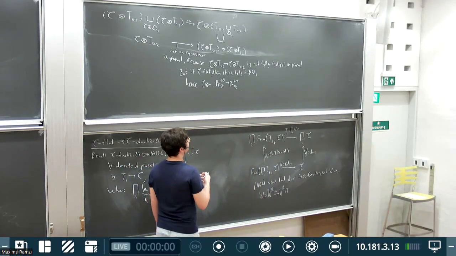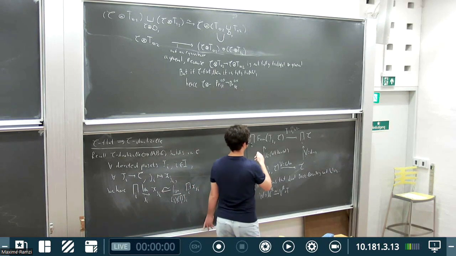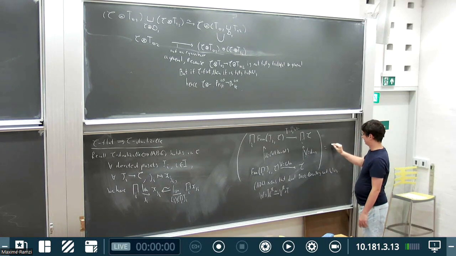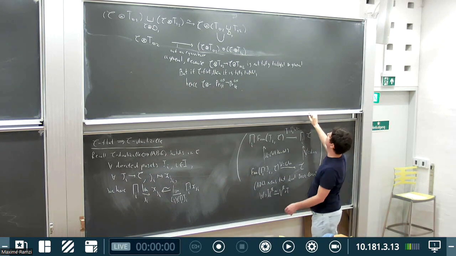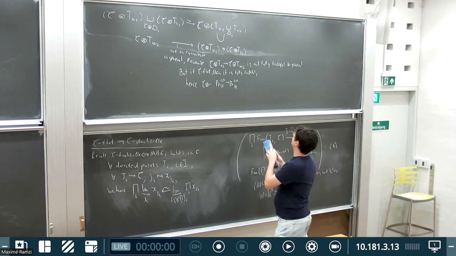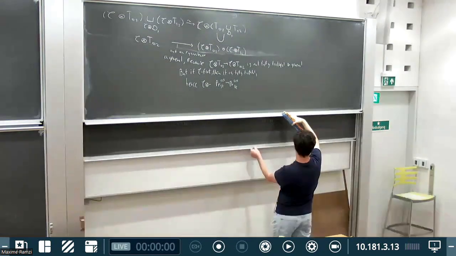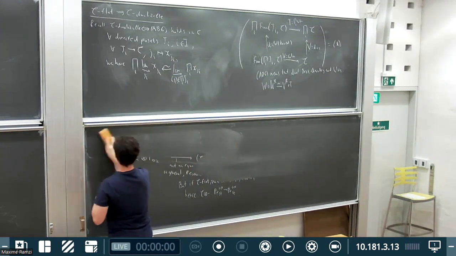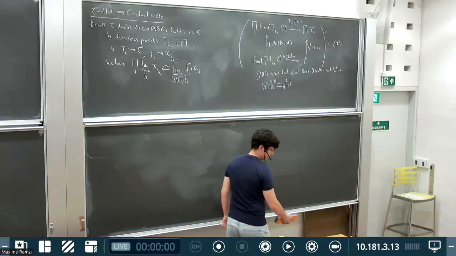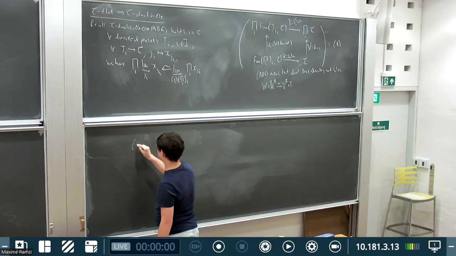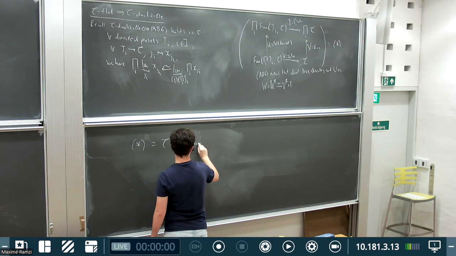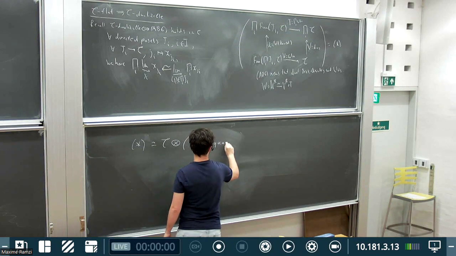So now to deduce AB6 in C, let's denote this square by star. Then we see that star is just the same as C tensored with the same square for the Kantorovich spectrum.